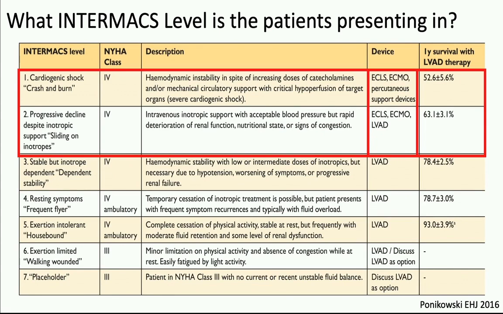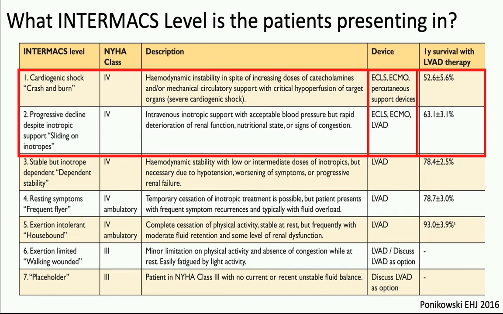One type of information which has been introduced in the vocabulary is the INTERMACS level that your patient may present with. Level 1 is a patient presenting in cardiogenic shock, a crash and burn patient who essentially needs attention very, very rapidly, and you'd have to think about percutaneous mechanical circulatory support as soon as possible. The survival of these patients is quite poor at 1 year, even if they have an LVAD fitted, around 50%.